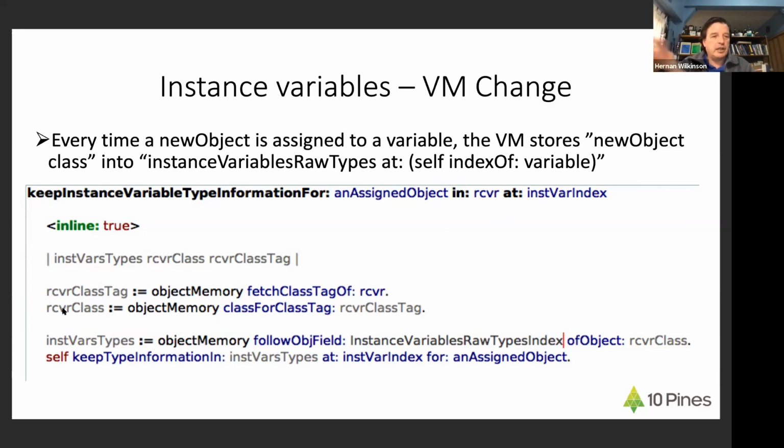So it does some checking to get the class of the receiver, and then it sends the message: keep type information in this type array at this index for that object.